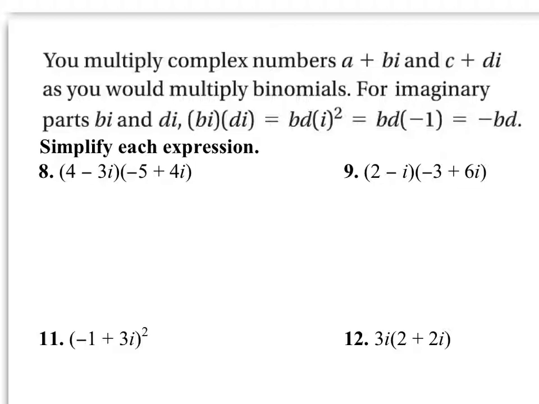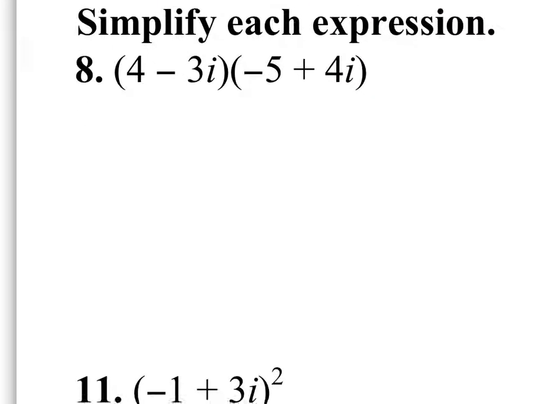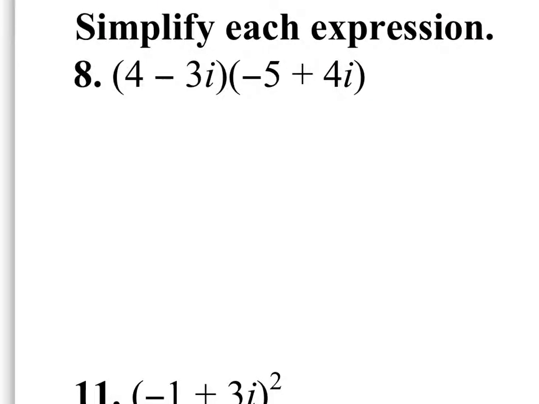How do you multiply binomials? We've done that before. How do we do it? FOIL, exactly. First, outside, inside, last. Well, that is the exact same way we multiply complex numbers. So let's just dive right into an example. Let's take a look at number 8. We're going to FOIL.